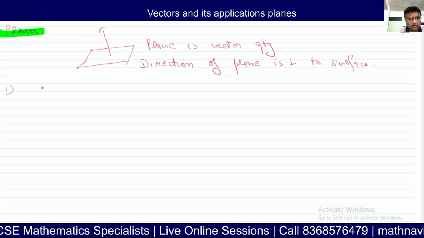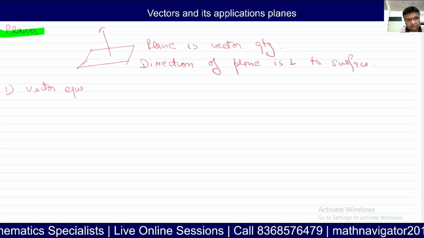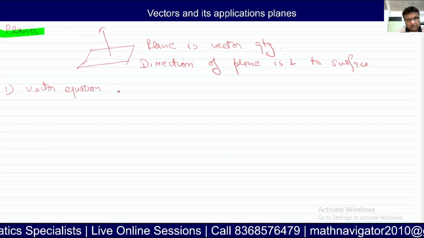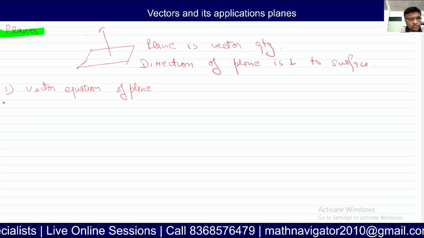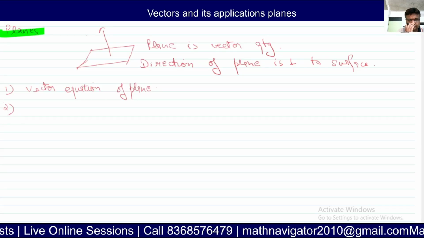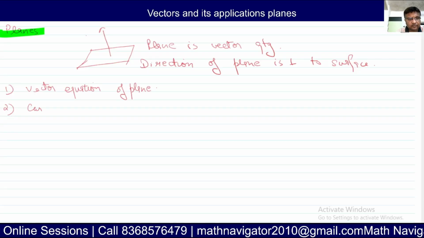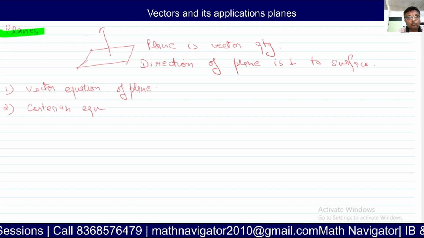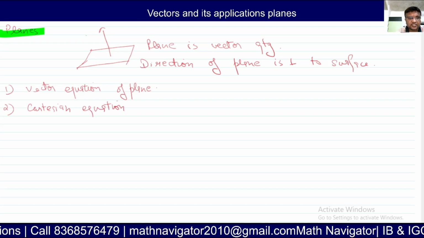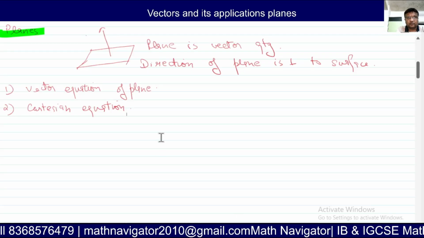Number one is called the vector equation of plane. And number two is called the Cartesian equation. Here, the Cartesian equation of a plane is more important than the vector equation of a plane. But we need to understand how to make the vector equation, right?